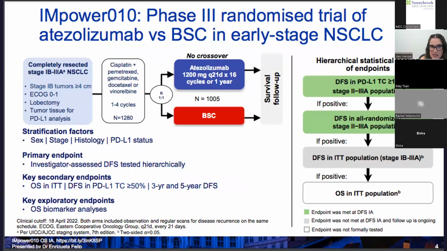These patients received 4 cycles of platinum-based chemotherapy, and then they were randomized. 1005 patients were randomized. One arm received 1,200 milligrams of atezolizumab every 3 weeks for 16 cycles or 1 year, and the other arm was best supportive care. The primary endpoint was disease-free survival, evaluated hierarchically.